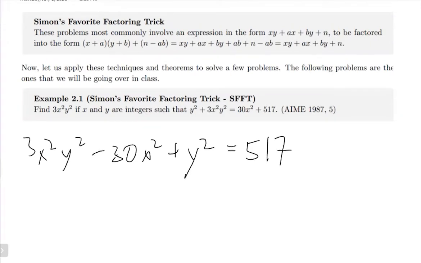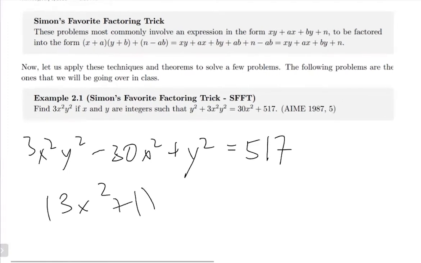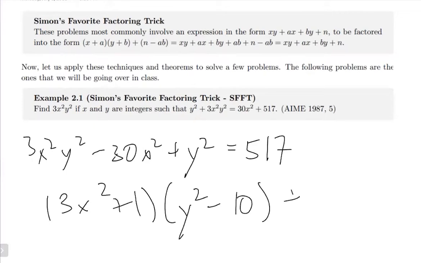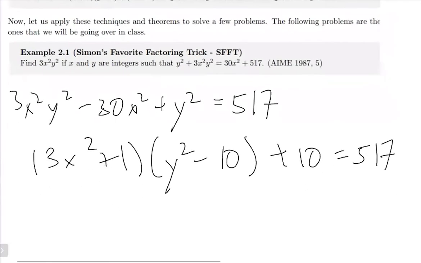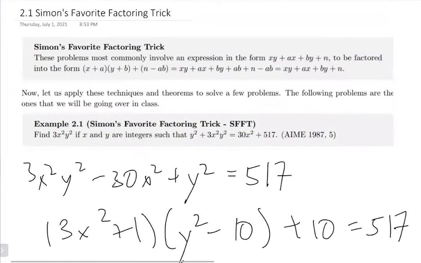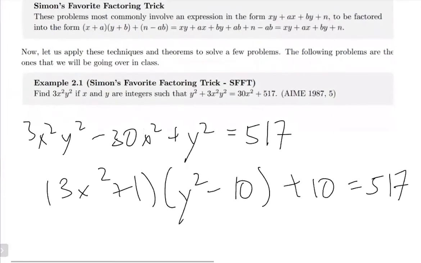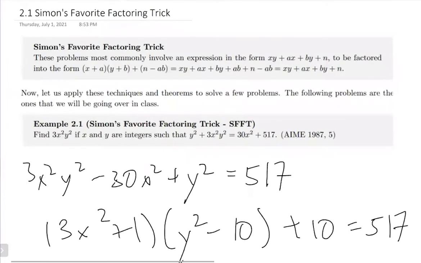And what we can do then is we can do 3x squared plus 1 times y squared minus 10, plus 10 is equal to 517. So if you notice, we basically applied Simon's favorite factoring trick, but instead of x, we used 3x squared, and instead of y, we used y squared.